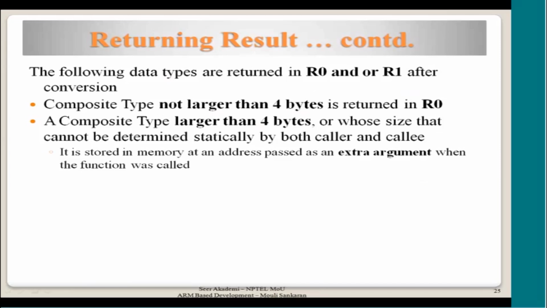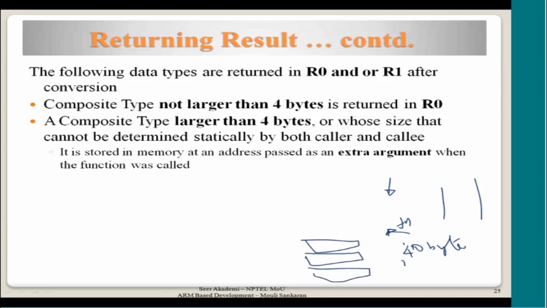If it is larger than 4 bytes, it may be stored in memory. So at which address it has to be stored in memory? Suppose the function wants to return a huge value, say a structure occupying 10 bytes. It can't be passed in registers. Maybe 40 bytes. Maximum we can have 4 registers that can hold the return value, right?